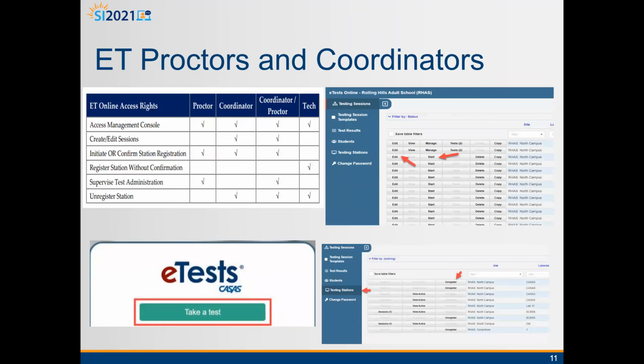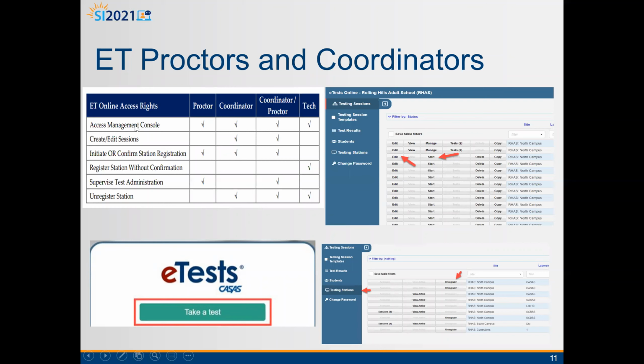Okay, so these are the access rights for each group of CASAS controlled groups right here. We have proctors, coordinators and proctors, and techs. If we look at the access group and the access rights right here, these check marks mean that these groups have access to this.